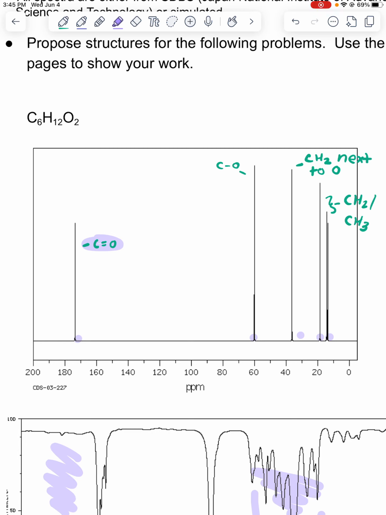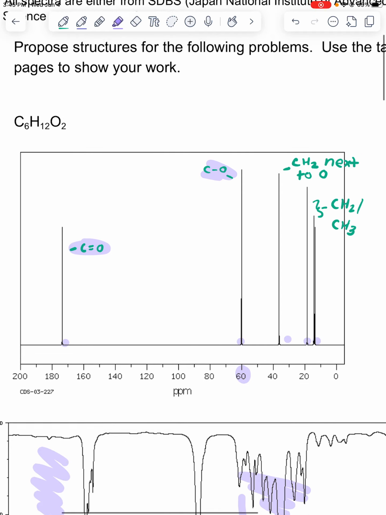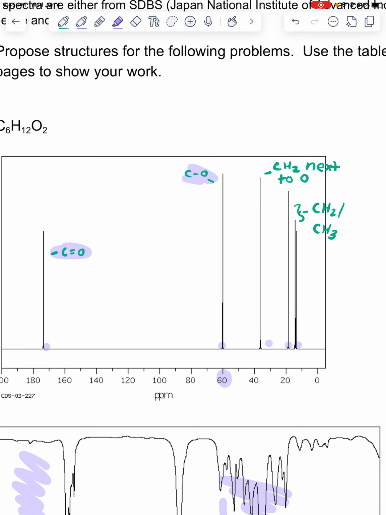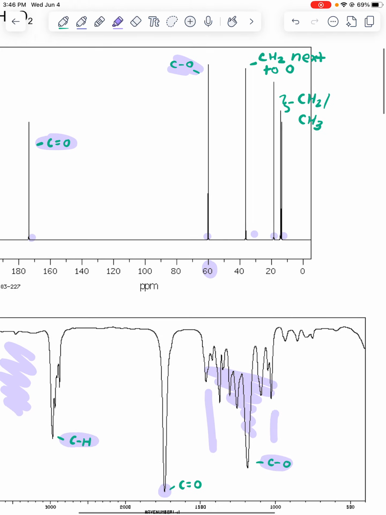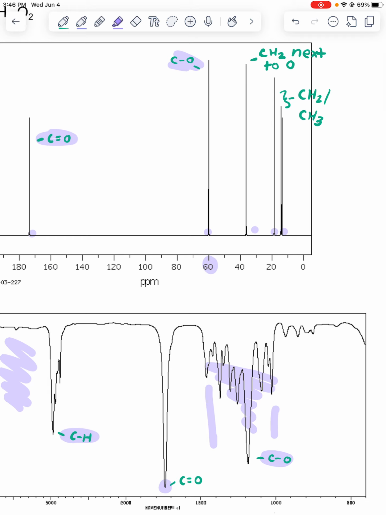Then there's another one at 60, which is indicative of a CH2 group that is probably attached to an oxygen. Then 40, 25, and 10 all look like alkyl carbons. This helps us understand that this is a carbonyl carbon bound to oxygen.